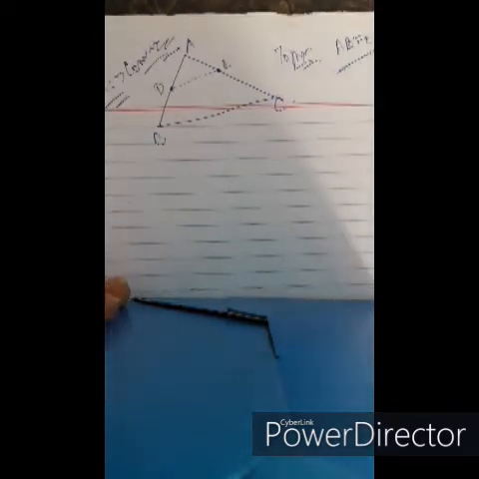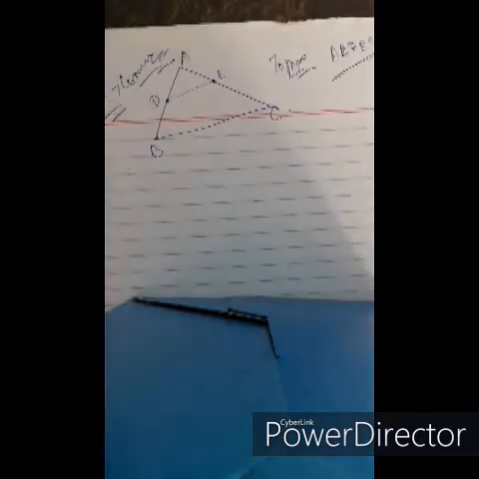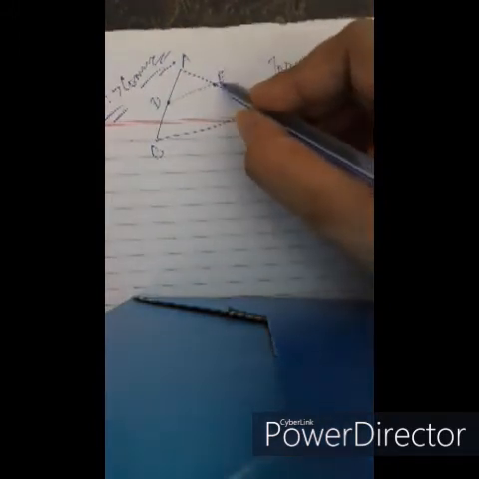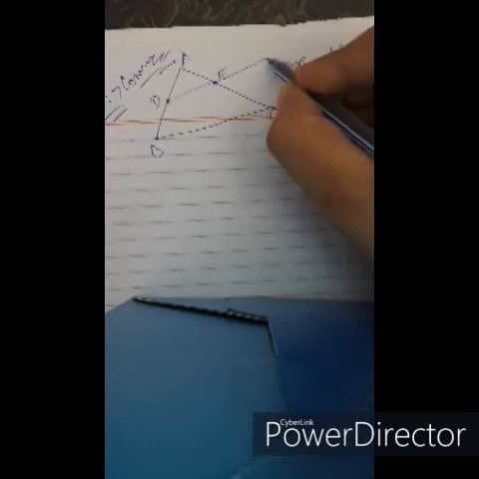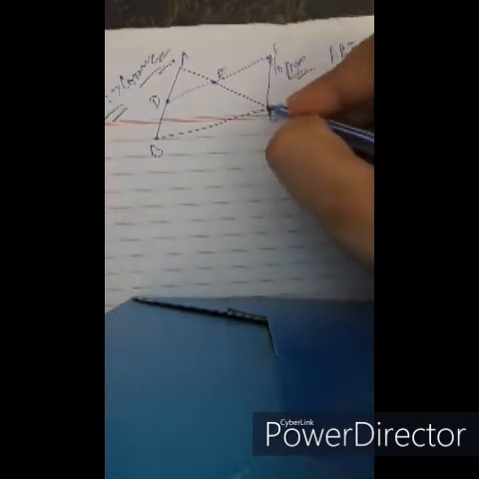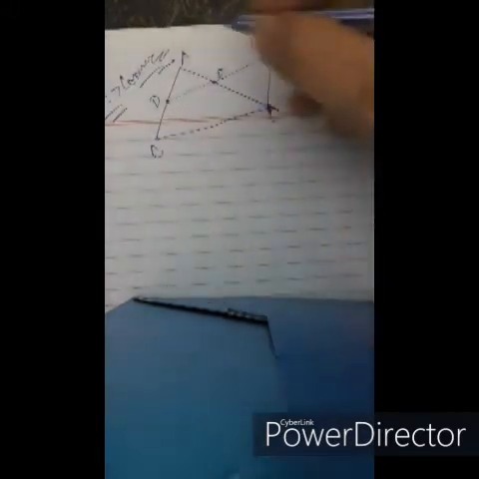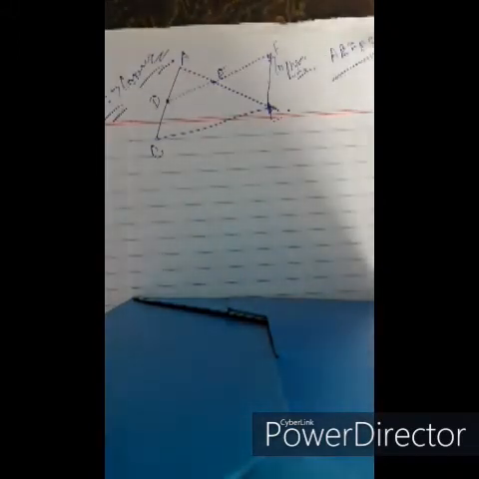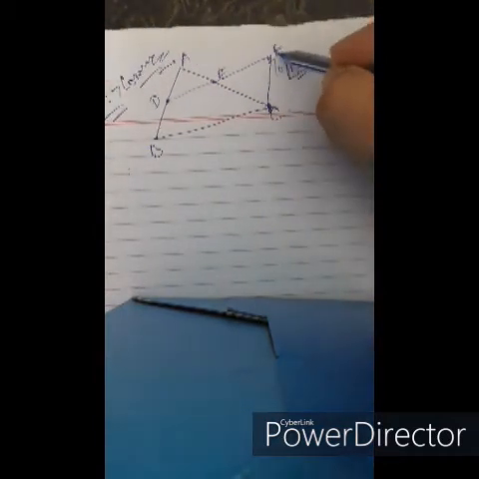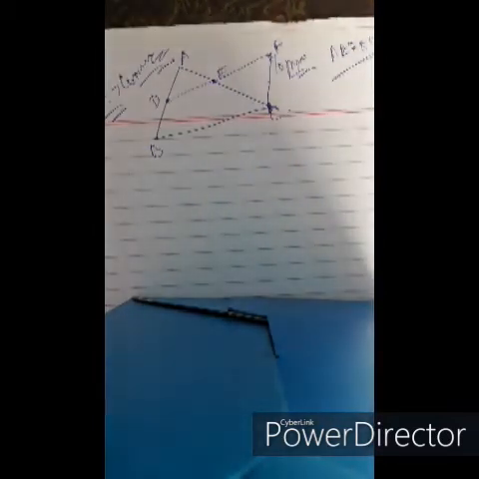We have to make a construction here again in order to prove this. Extend DE to F and join CF such that CF is parallel to AB. That makes CF parallel to AD also. I hope you are able to get that.